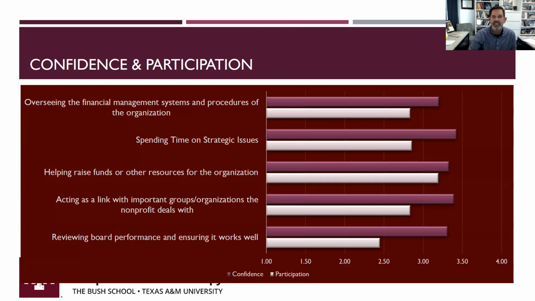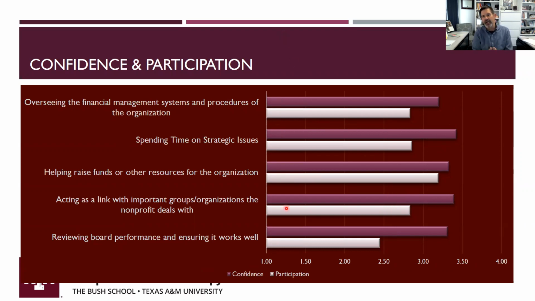So you can see the distinction between, oh, I'm fairly confident in being able to engage. Actually, these measures are on a 4-point scale, so 1 through 4, not the 5-point scale. So you've got people saying, oh, we're doing all right. I'm feeling confident, versus, how much am I actually doing this? I'm actually participating and engaging in some of these things.